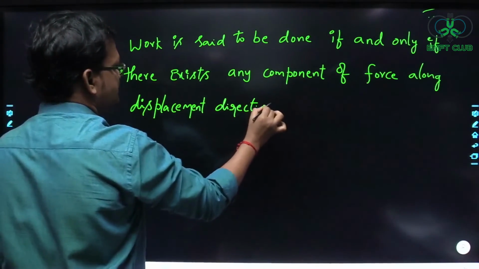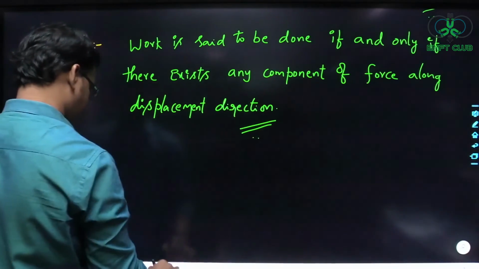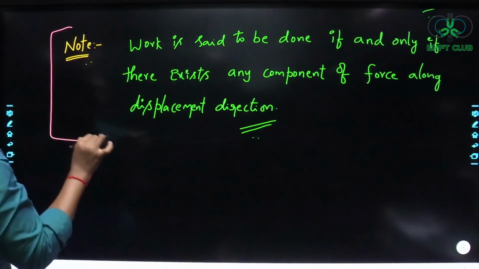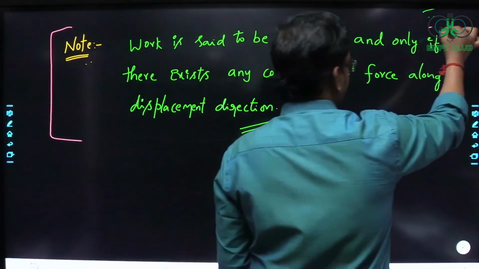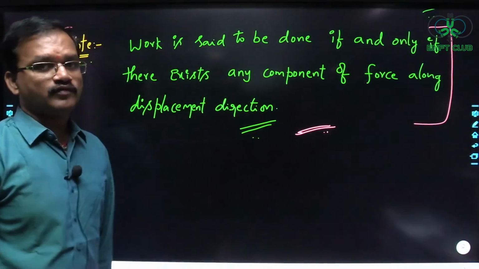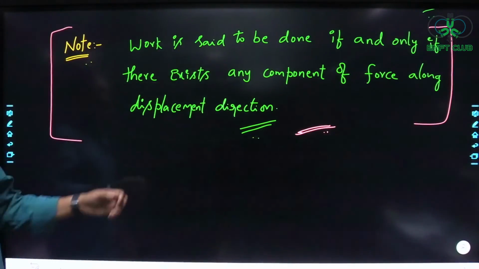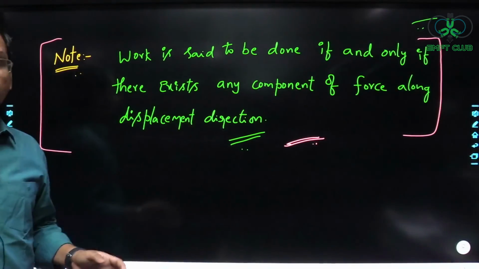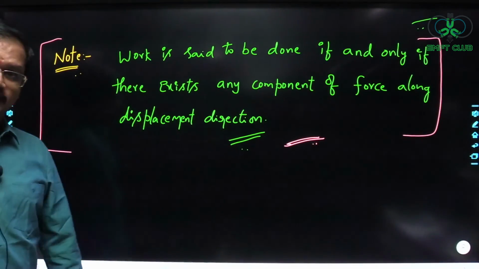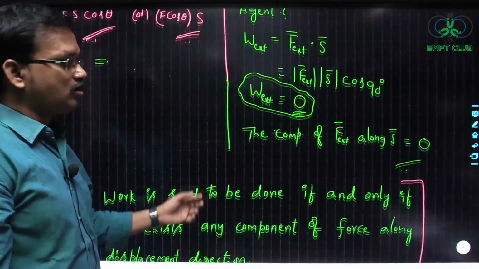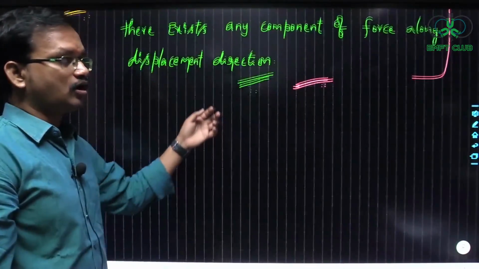This is the observation we can make. So this is one physical application of our dot product. So work is said to be done if and only if there exists any component of force along the displacement direction. This is all about dot product.